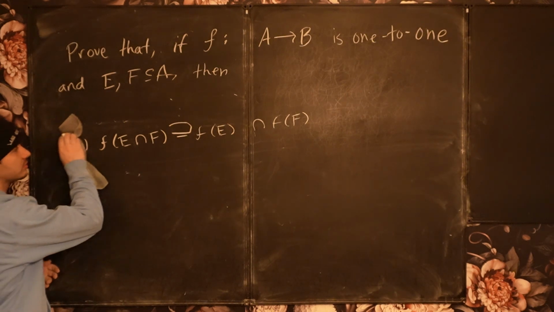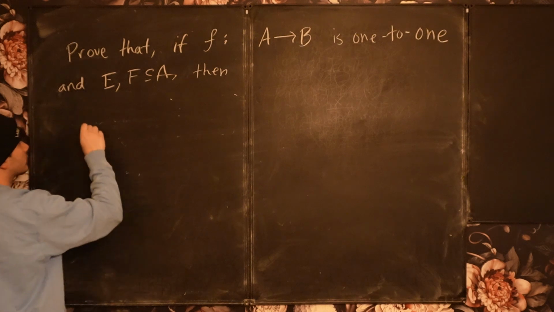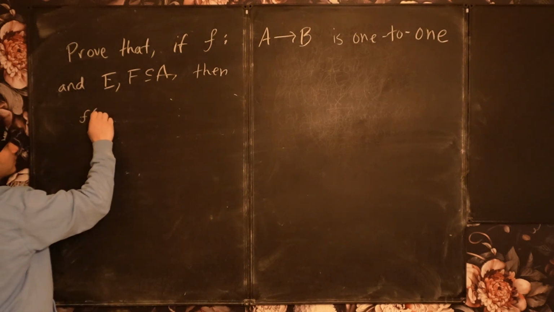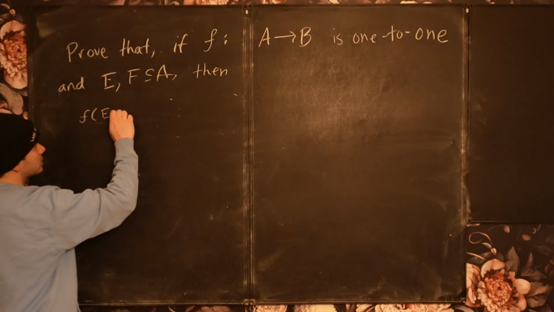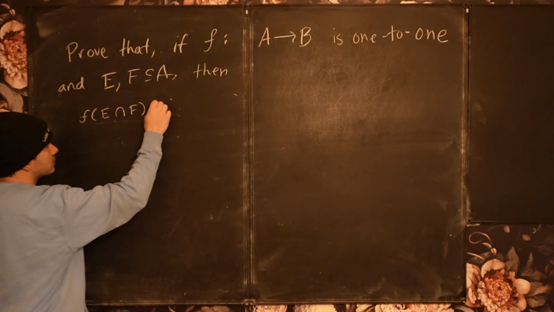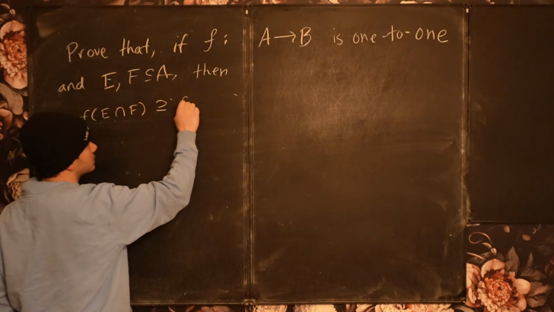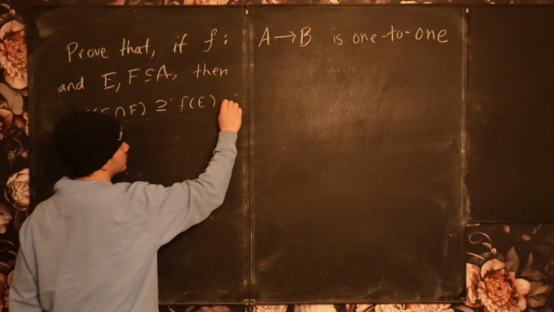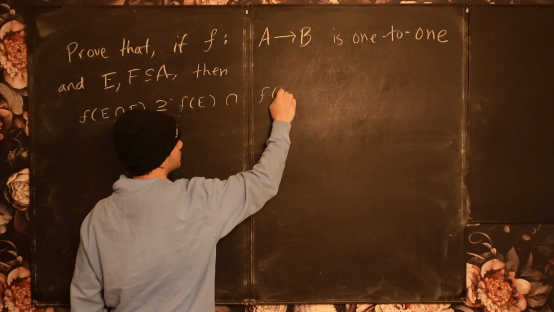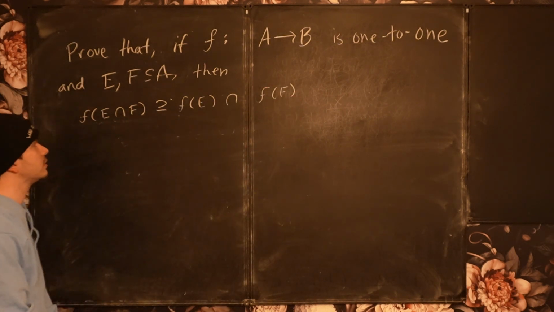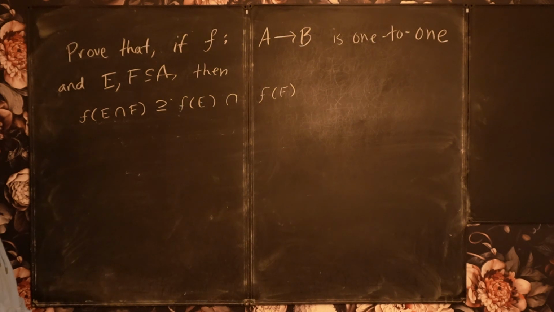Let me give myself a little bit more space. We want that f of E intersect F contains f of E intersect f of F. Just make sure that this is correct. Yes.